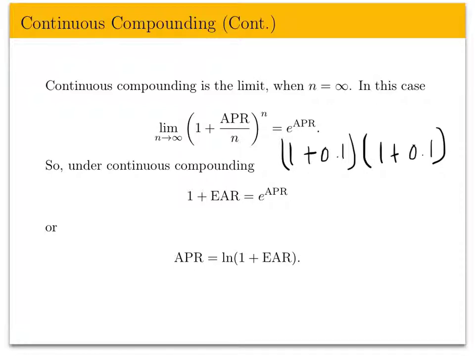But if I want to compound hourly, well, as shown in the previous slide, there are 8,760 hours in a year. And so I would take that 20% and I would divide by 8,760, which is quite a small number.